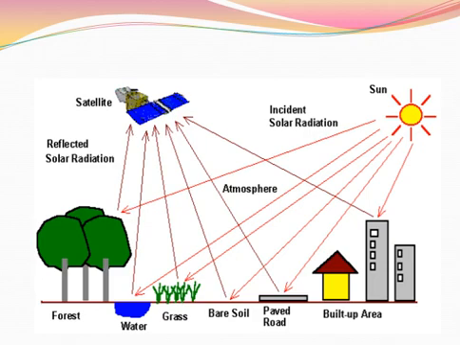Then geosynchronous, 35,900 kilometer altitude and 25 hours per orbit, stationary relative to Earth. These are characteristic features of platforms used to acquire remote sensing data.